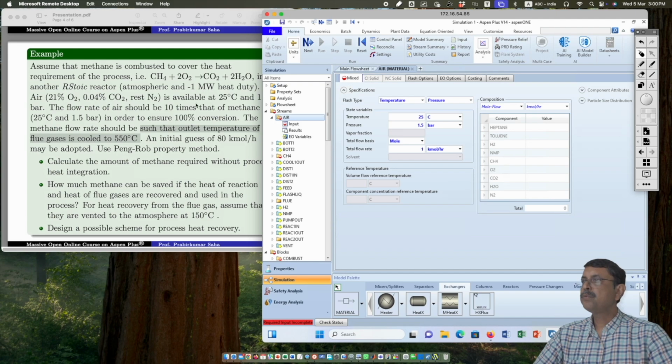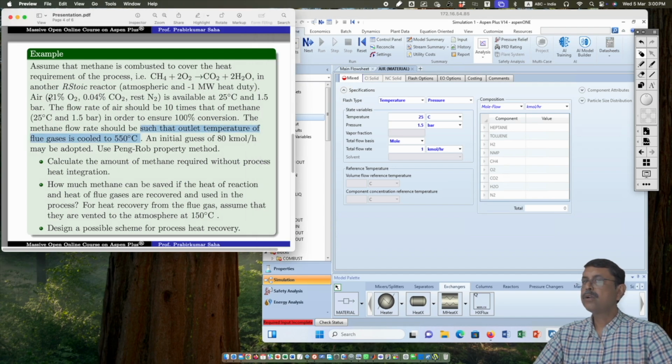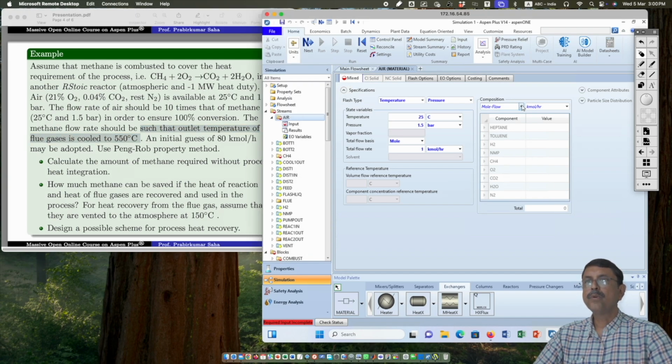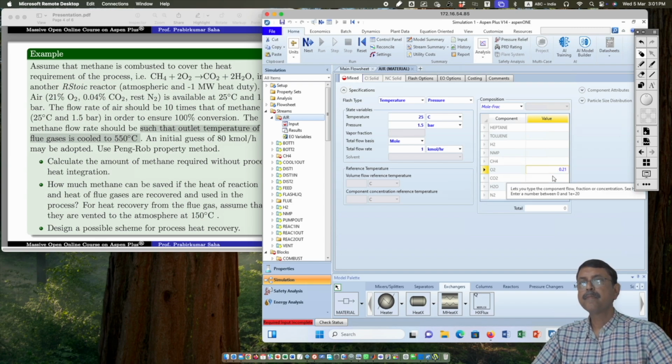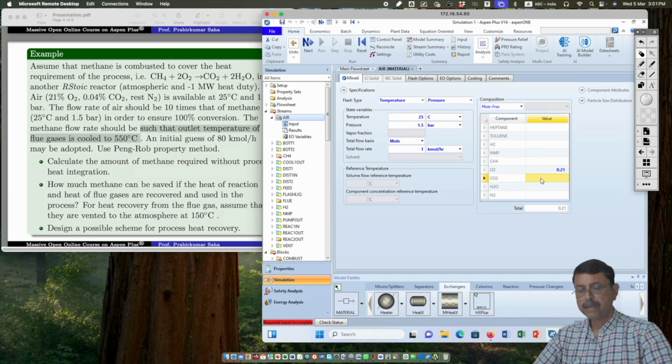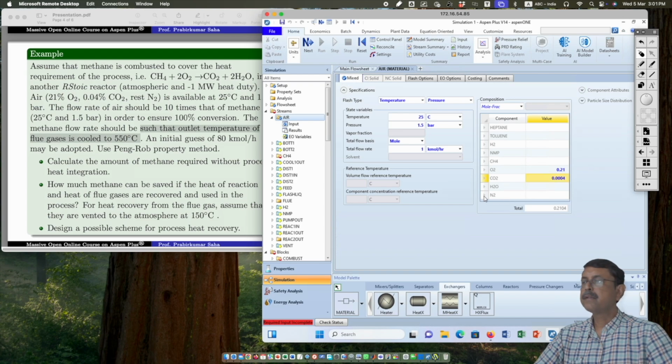But we have to provide the air composition. So mole fraction of air will be 21% oxygen. Carbon dioxide will be 0.04%. And the rest nitrogen.